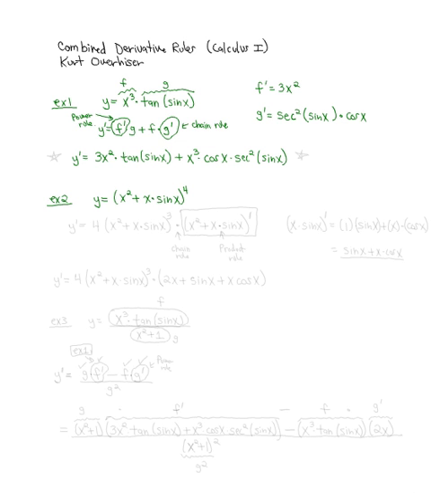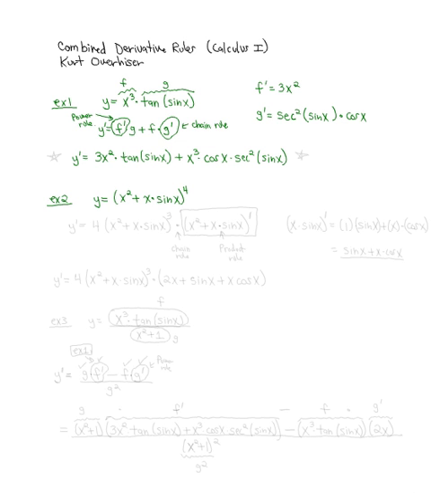Because with the chain rule, once we take that 4th power and put it out in front, and then subtract 1 to get a 3 for the new exponent, we're going to have to multiply by the derivative of the inside, which we'll get to in a minute. And the inside is x squared plus x times the sine of x. If you look at one term in the middle, x times the sine of x, because of the multiplication, we're going to have to use the product rule.